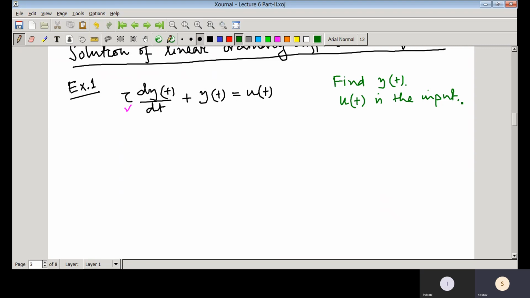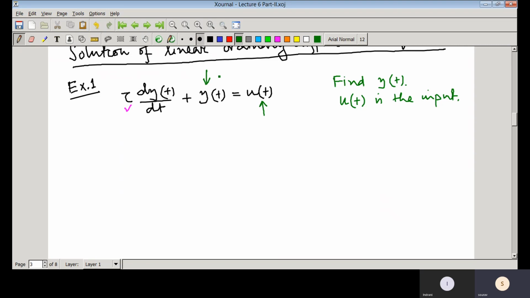In mathematics you have already learned how to find that solution, but from the system theory point of view, if you apply an input u(t), what would be the response y(t)? And this particular differential equation represents a physical system.